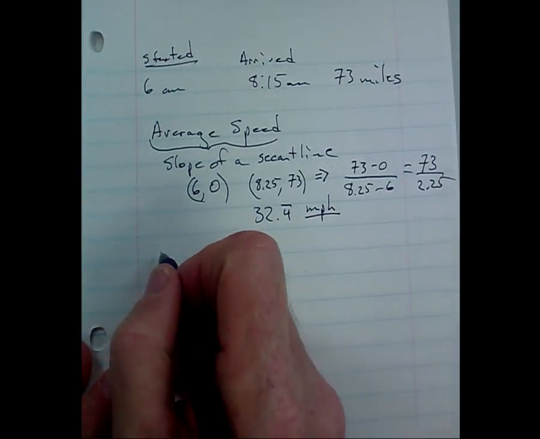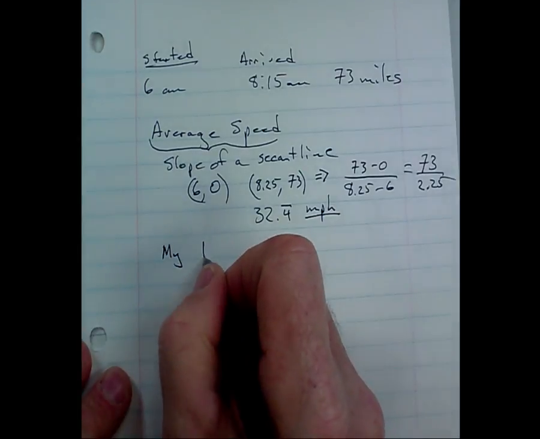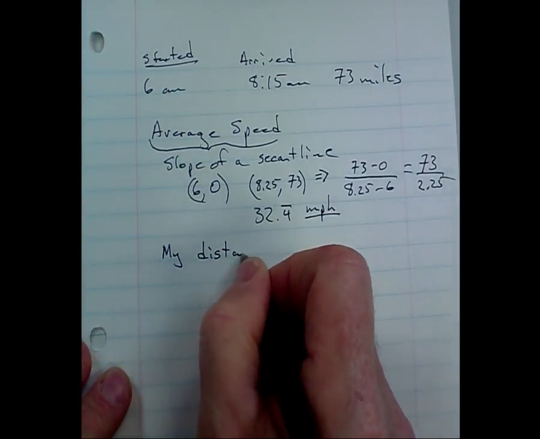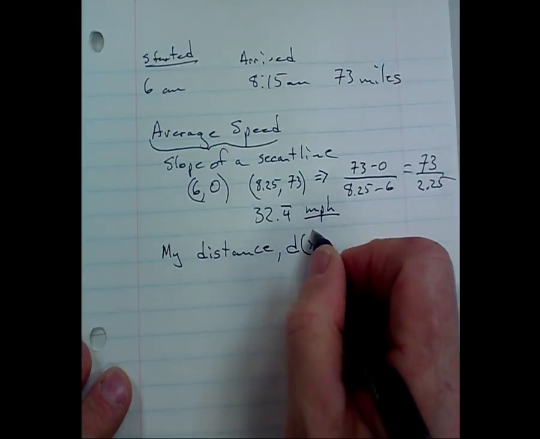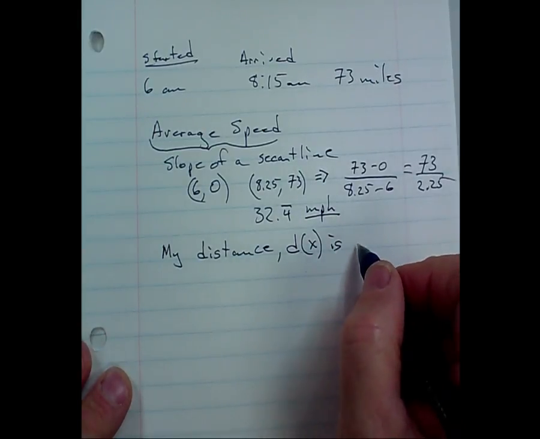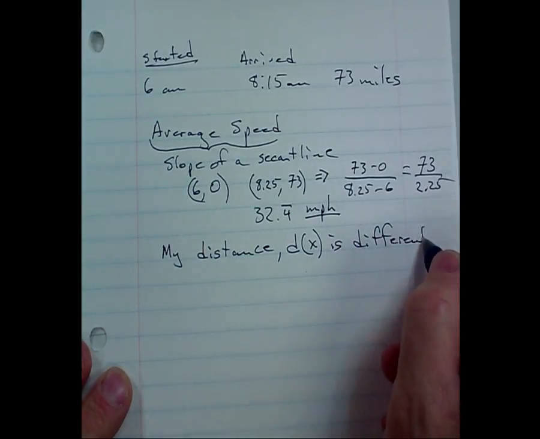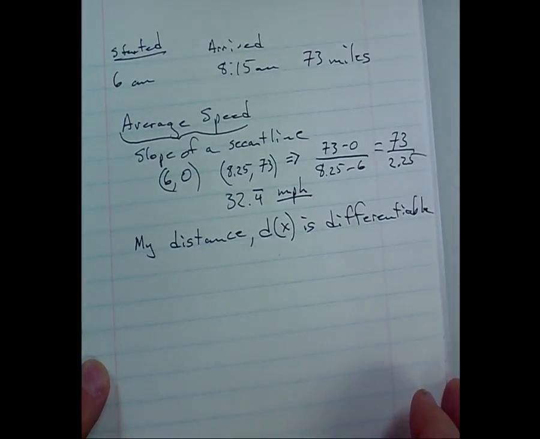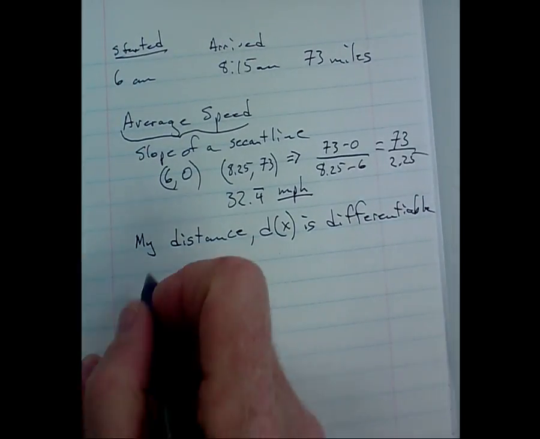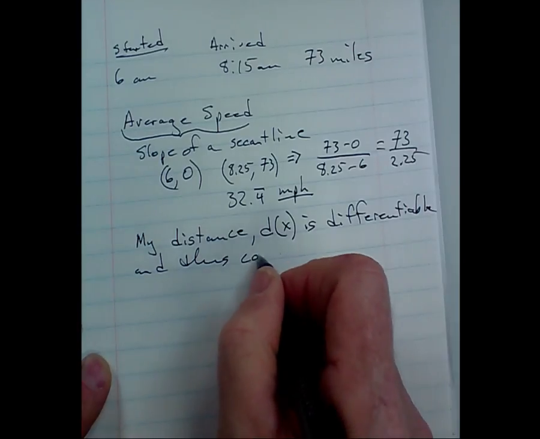Now, my distance, I'm going to call d of x, is differentiable. That means I can take the derivative of it. And thus continuous.